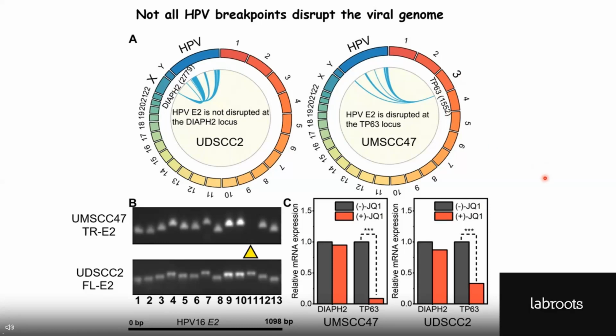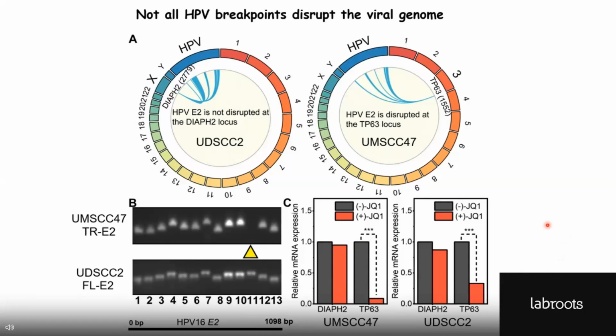And interestingly enough, it suggested to us that there were some integration-dependent effects on how BRD4 co-regulates transcription, because if you look at the DIAPH2 gene, in both cases BRD4 did not seem to co-regulate the DIAPH2 gene, while BRD4 did co-regulate TP63, and in the presence of the inhibitor, significantly downregulated the host gene as well.